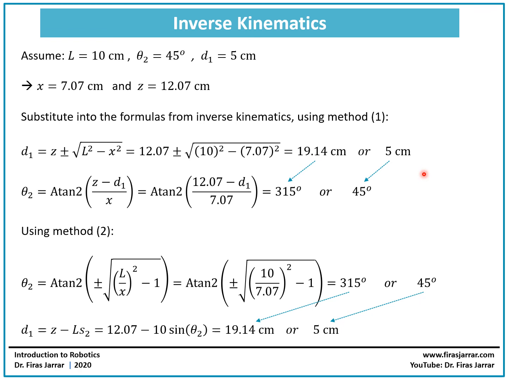So if you started with a certain assumption for the joint variables, you went through the forward kinematics, you found the corresponding position, and then you took the position and substituted that into the inverse kinematics, and you got the same joint variables that you started with, this also validates your approach.